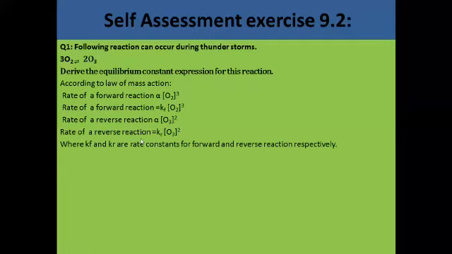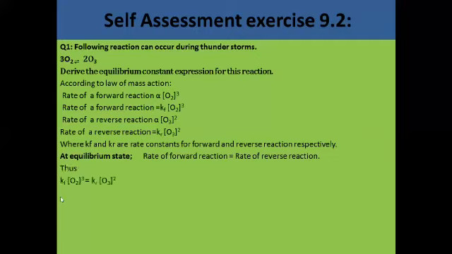Where Kf and Kr are the rate constants for the forward and reverse reaction respectively. Then at equilibrium state, what happens? The rate of forward reaction becomes equal to the rate of reverse reaction. By putting in the values, the rate of forward reaction is Kf times the active mass of oxygen raised to the power of its coefficient, and the rate of reverse reaction is Kr times the active mass of ozone raised to the power of its coefficient in the balanced chemical equation.